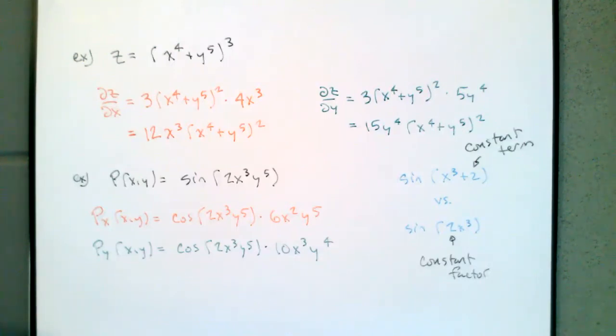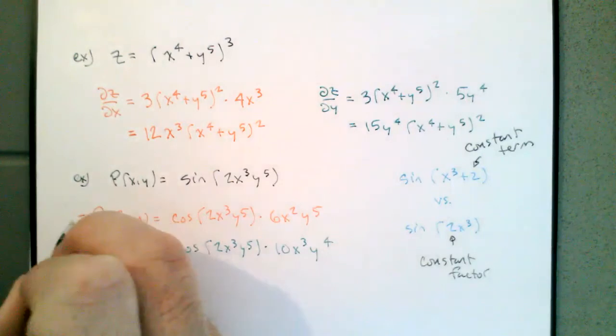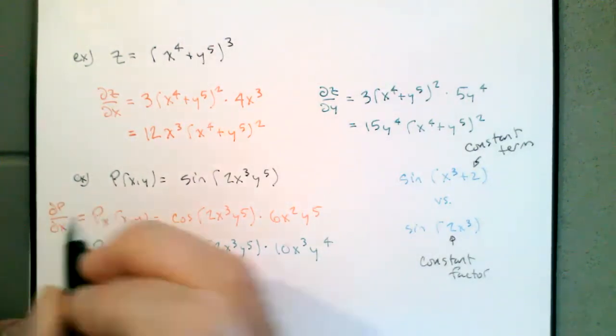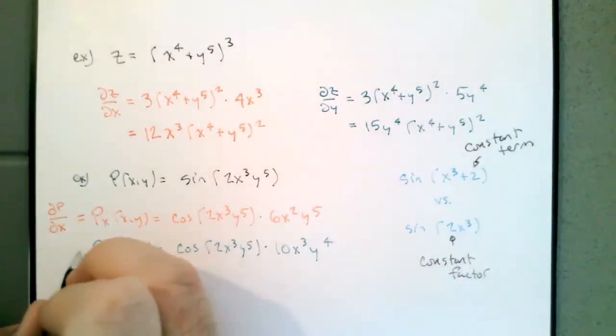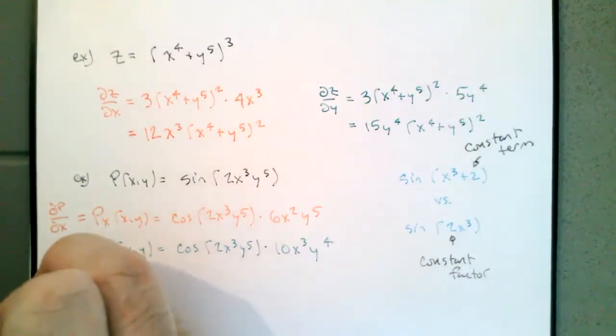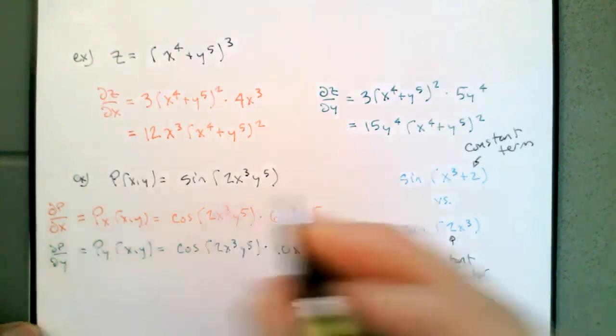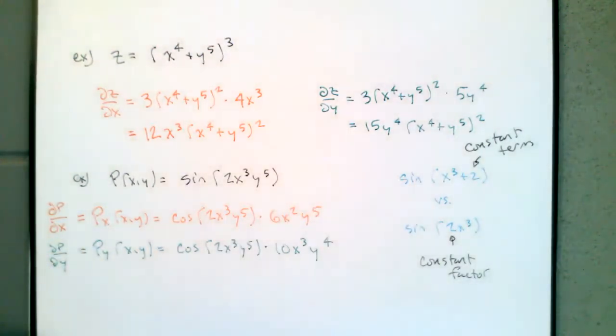So for the second example, would we be able to use the Leibniz notation for that one? Sure, we could say partial of p with respect to x, or the partial of p with respect to y. Yep, thank you.